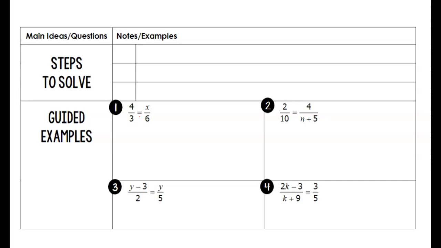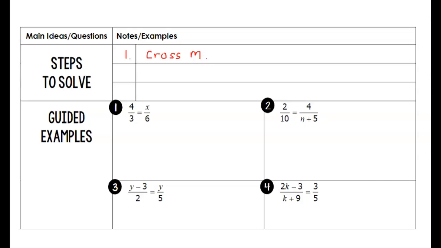The only way to solve a proportion is to cross multiply, okay? Everybody write that. Now, I don't want you to get confused between multiplying fractions and solving proportions.